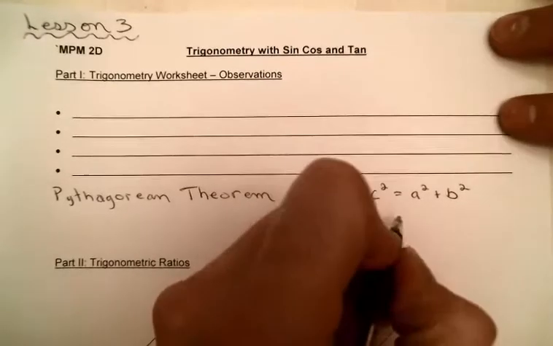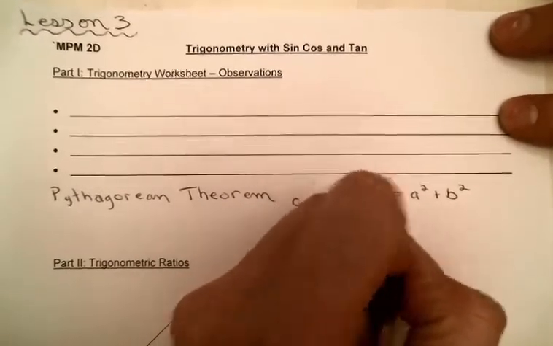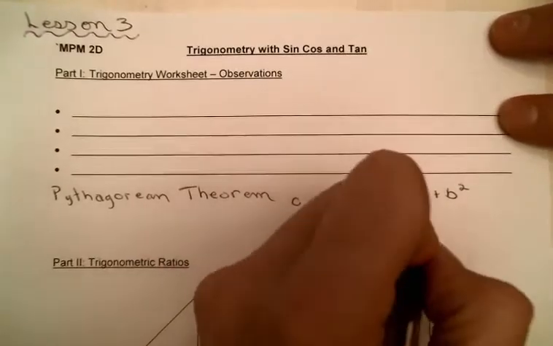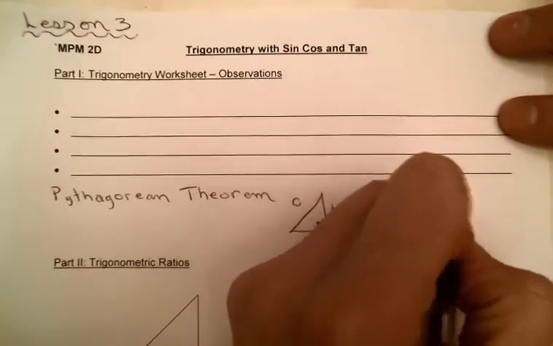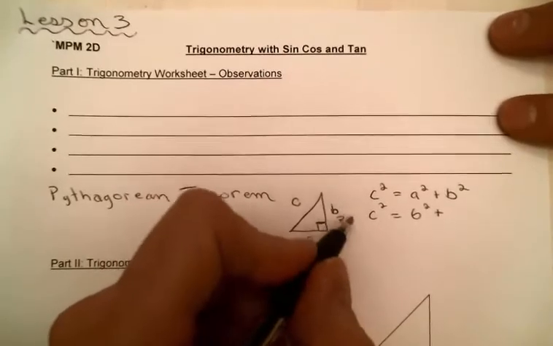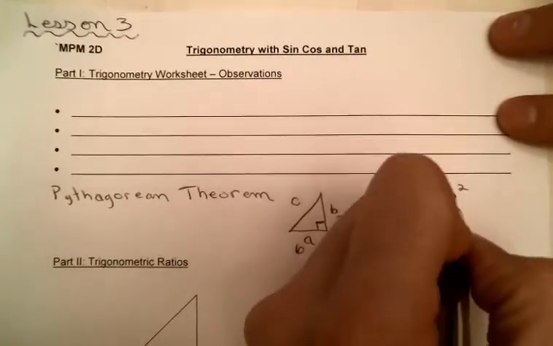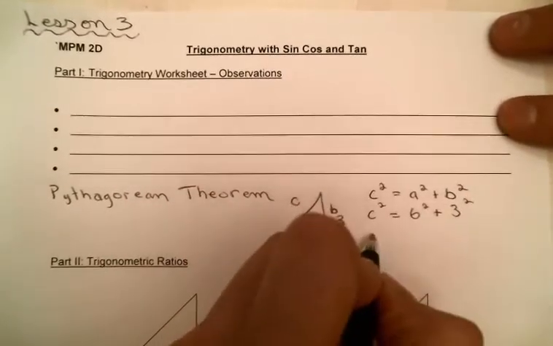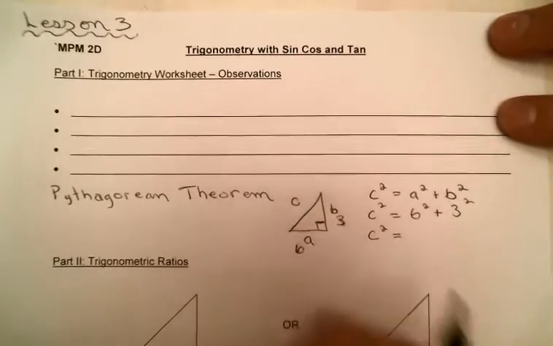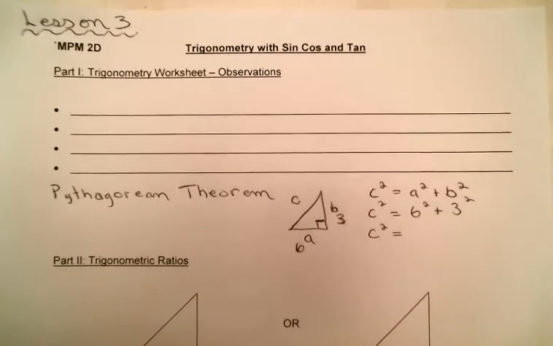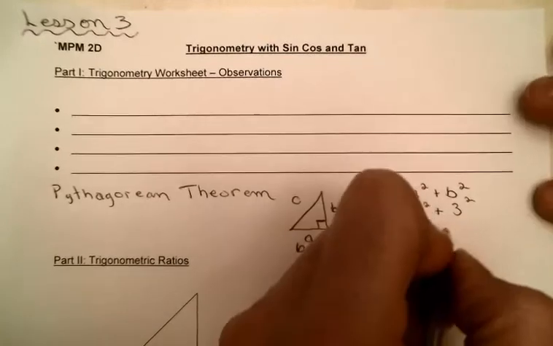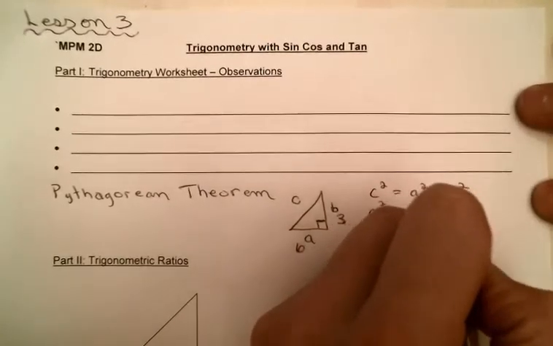Okay, well, C squared is equal to A squared, so I have to square 6 and add that with B being squared, which is 3. Okay, so that's 6 squared plus 3 squared, or 36 plus 9.